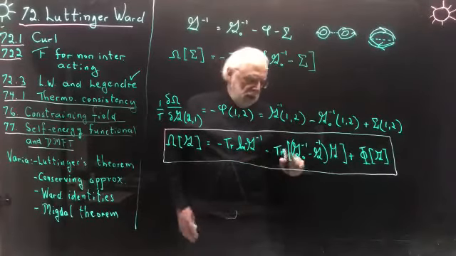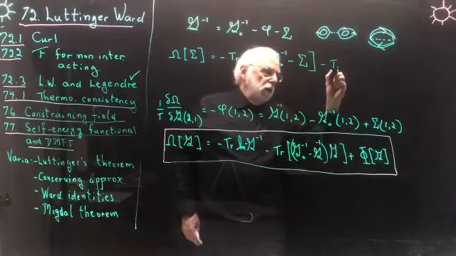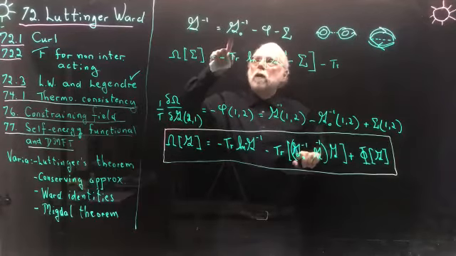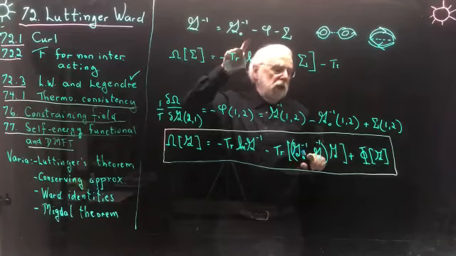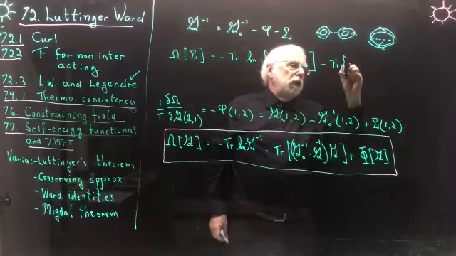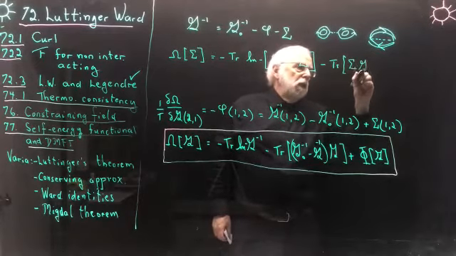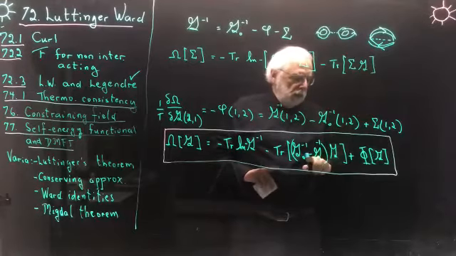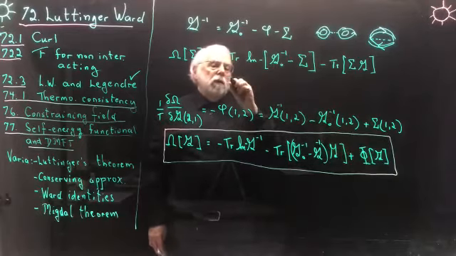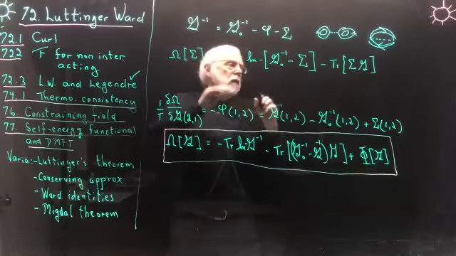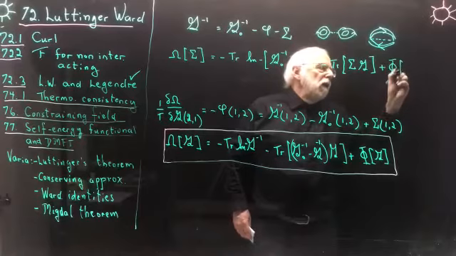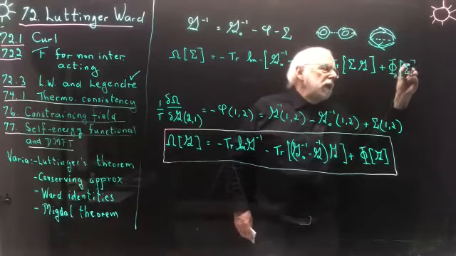Okay, that's this term. And here I have minus trace of, if I look at this, G0 minus 1 minus G minus 1 is equal to sigma. So I have minus trace of sigma G, that's this term, and then I have plus phi of sigma.